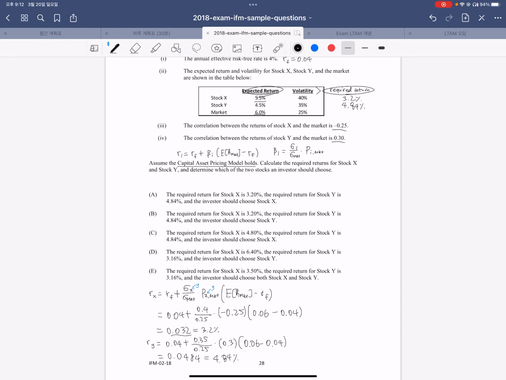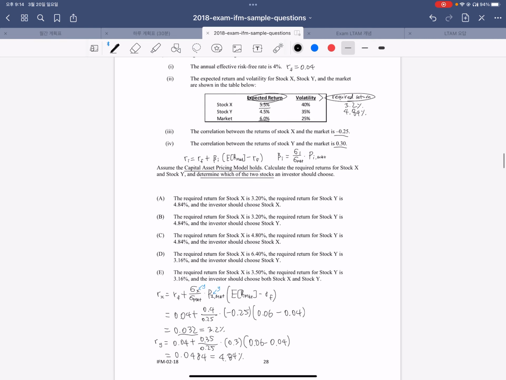And we need to understand what expected return and required return mean to determine which stocks to invest in. So required return means the minimum return that an investment needs to offer to be considered. And the expected return would be the return that the investor thinks the return will be in the future.